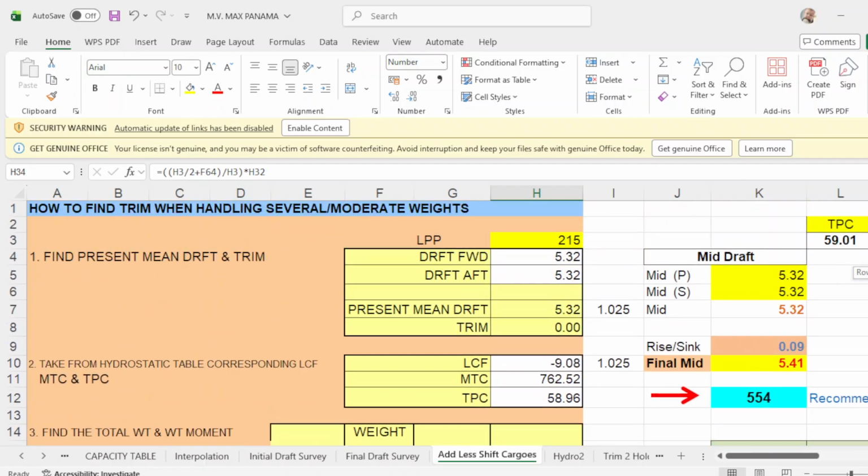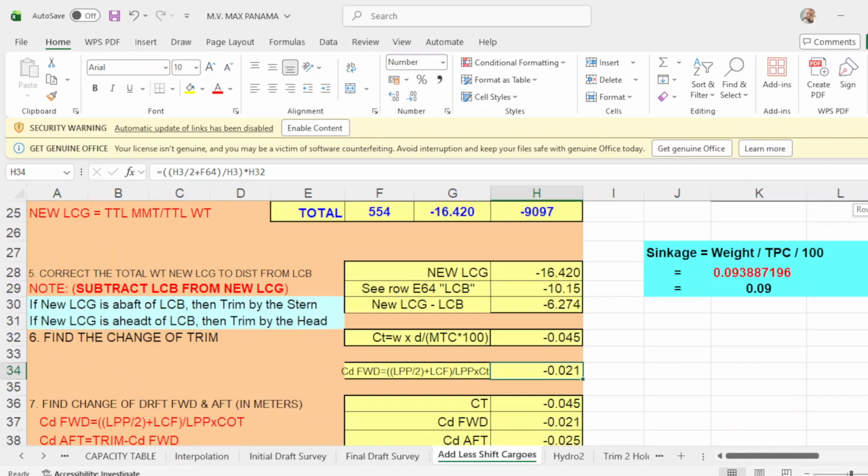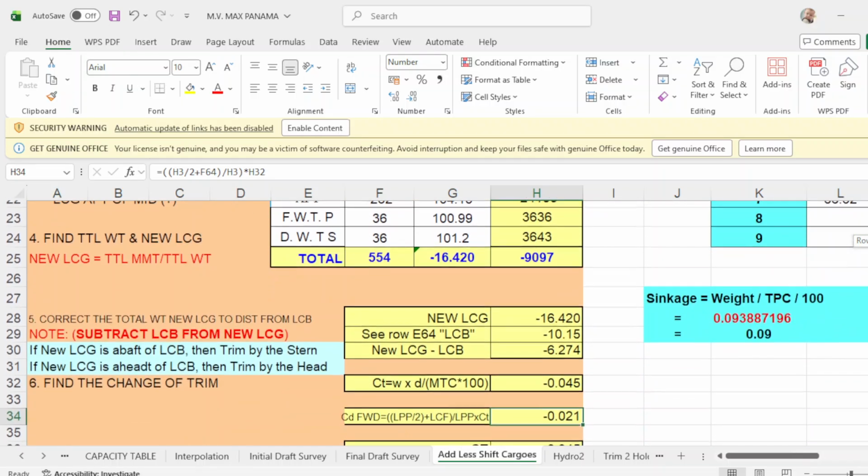Then times your change of trim. Your change of trim is H32, this one.